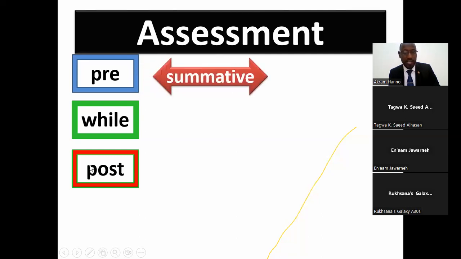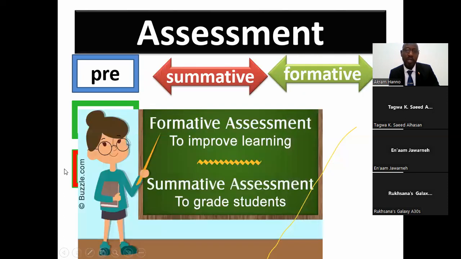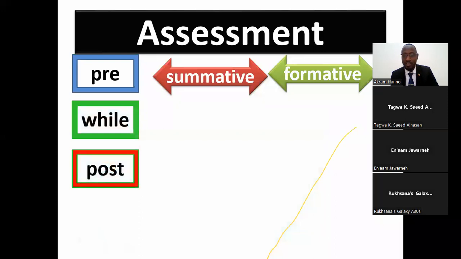So we have summative and formative. Formative assessment is to improve learning, while summative assessment is to grade students, and this is at the end of the semester or at the end of the module.